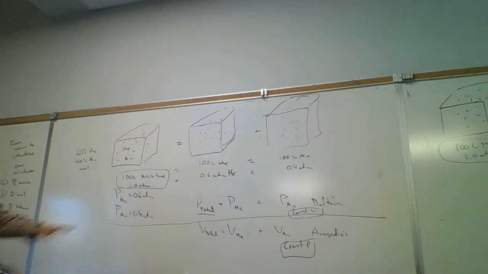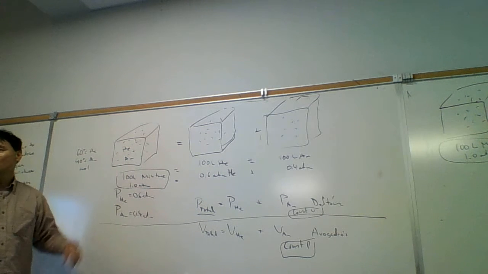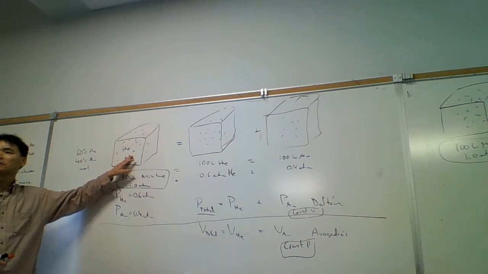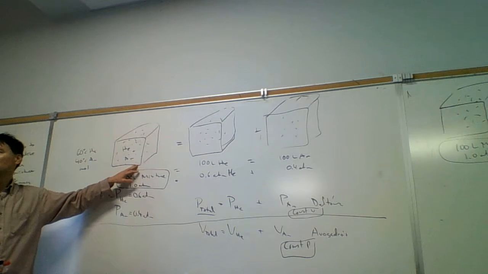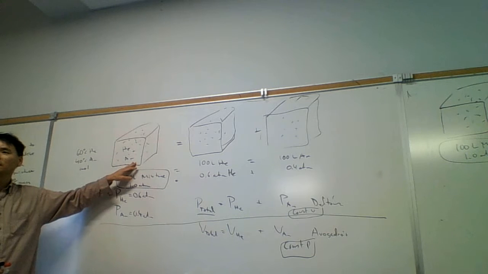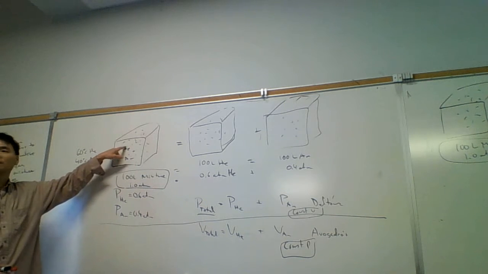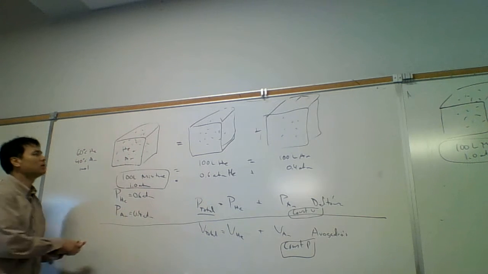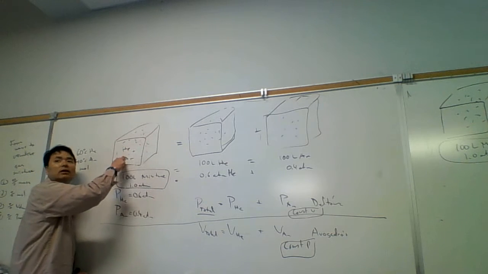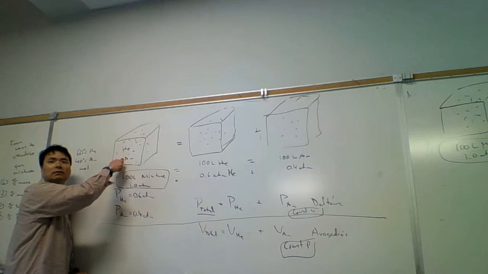Now, if somebody asks you how much helium is inside this box, you have two answers. 100 liters of helium inside this 100-liter box, because the helium is occupying 100 liters. That helium can go anywhere it wants in this 100-liter volume, correct?